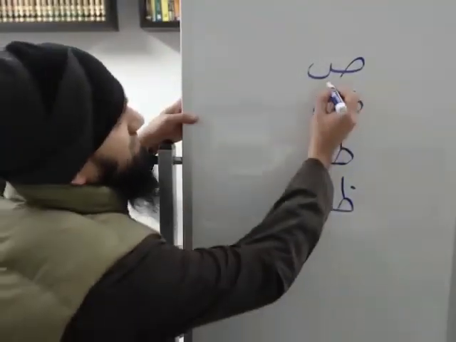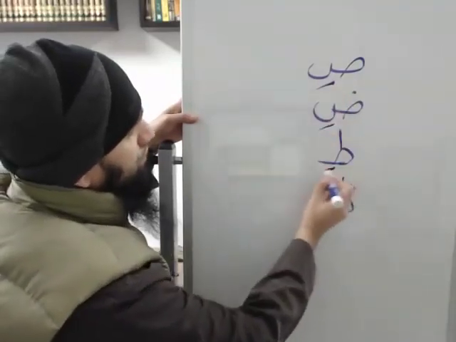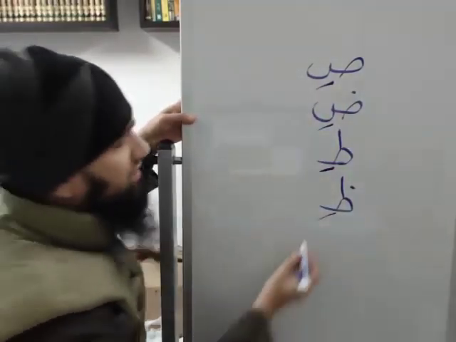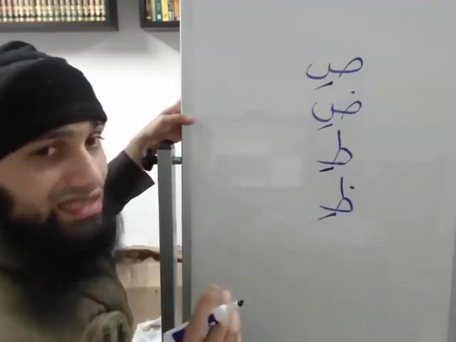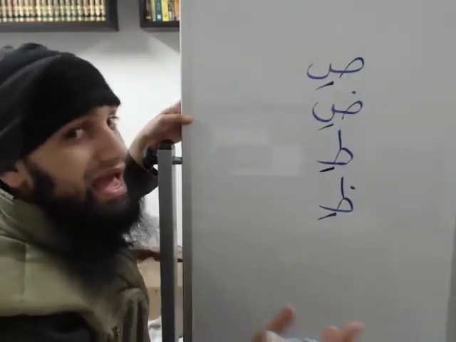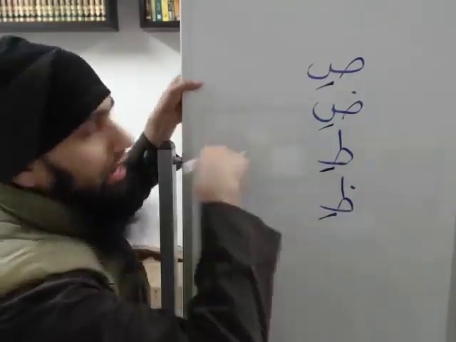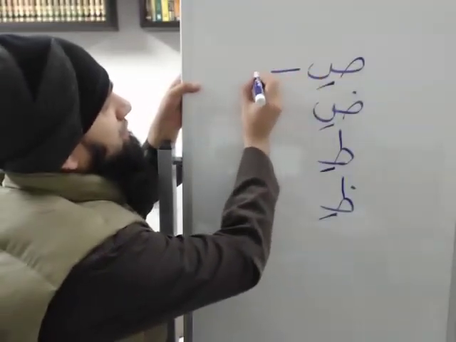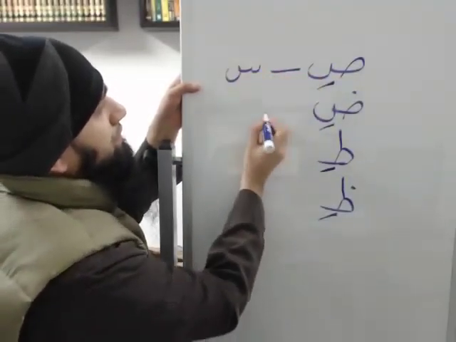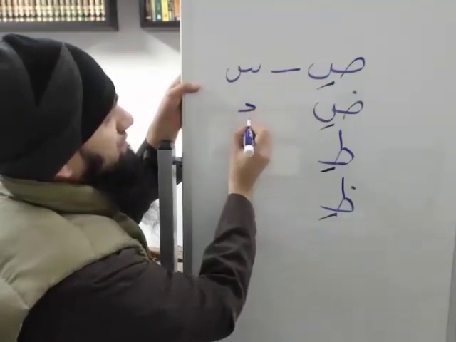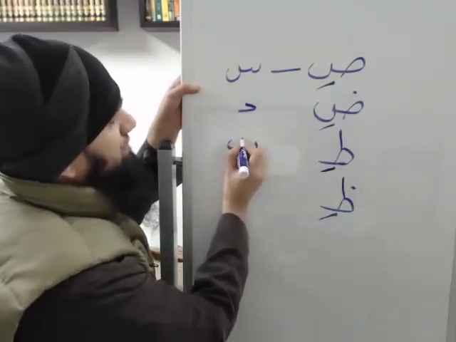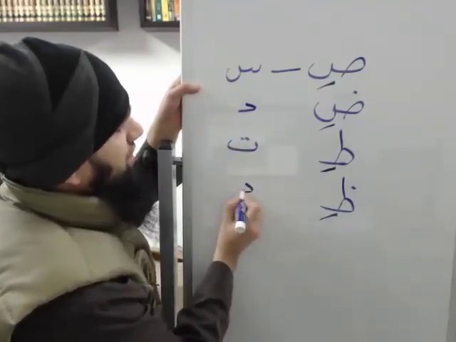Watch out when they have kasra. When they have a kasra under them, watch out not to pronounce them like their counterparts: Seen, Dal, Ta, Dal.